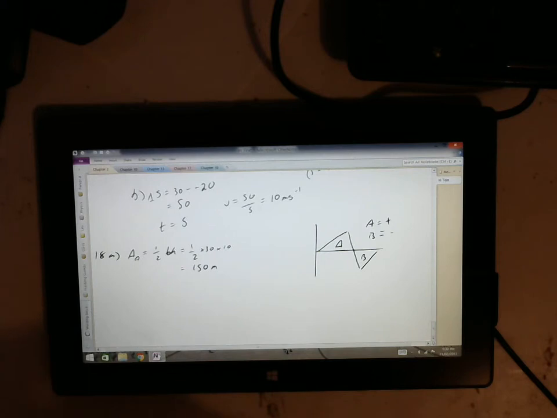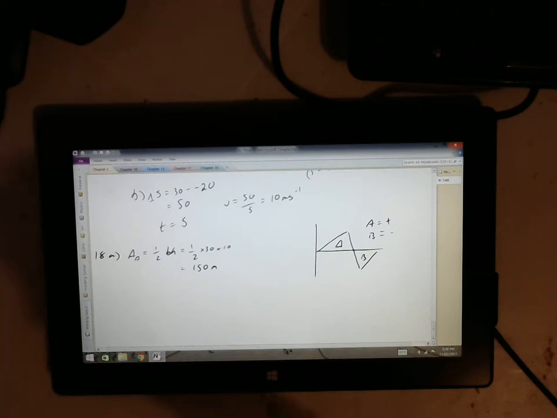So the velocity is originally going away, stops, comes back, keeps coming back. So the velocity has been increased to 10, then starts to reduce, then starts to increase, positive again. Ends up going negative as well, where it starts coming backwards.